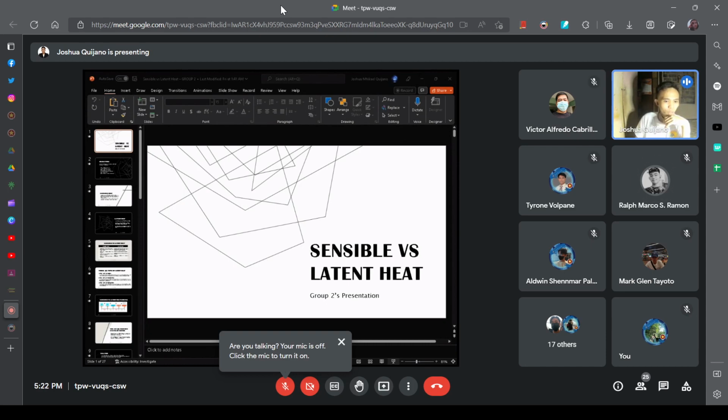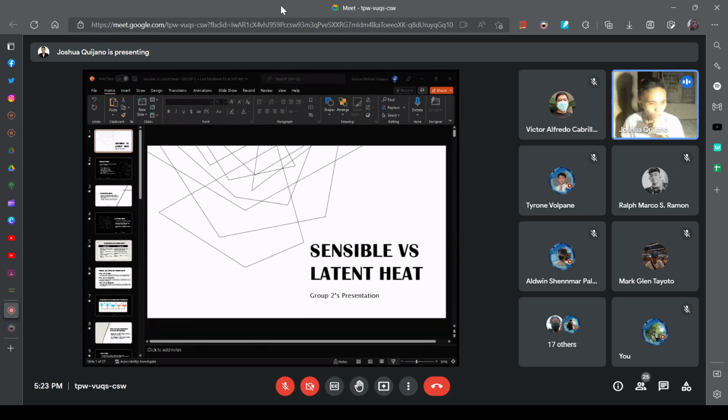So, for our objectives, at the end of the discussion, the students will be able to understand the following. So, we first need to define sensible versus latent heat, describe the 6 changes of state, explain... Yata gumagalaw yung presentation mo. Oh, sorry. Hindi po siya nagalaw.